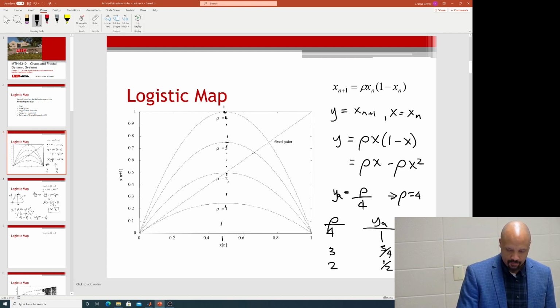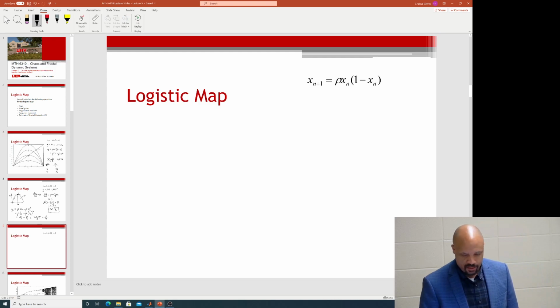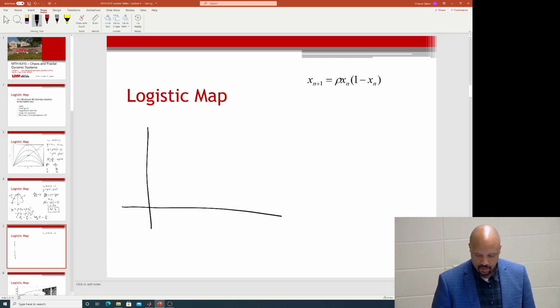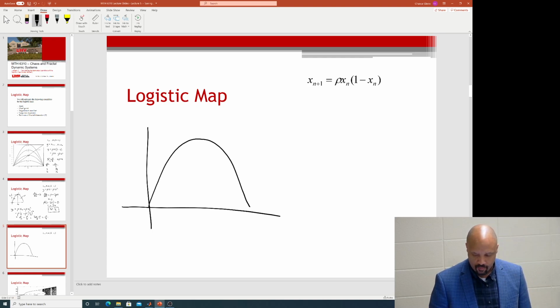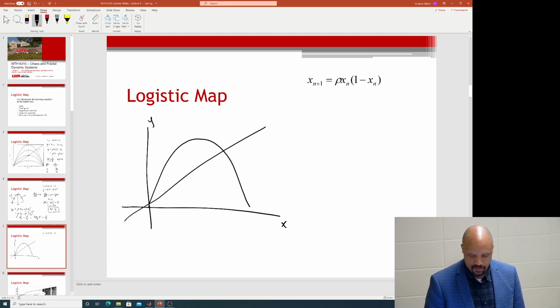Now, the next thing is this fixed point. Here we are again, y. The fixed point is where this intersects with the y equals x line.